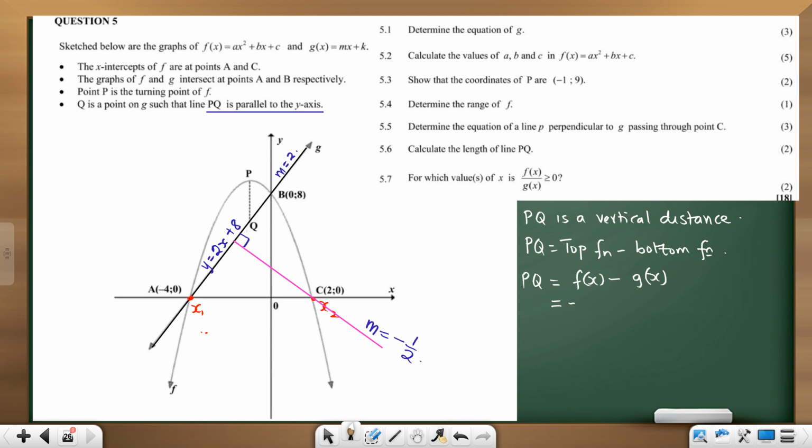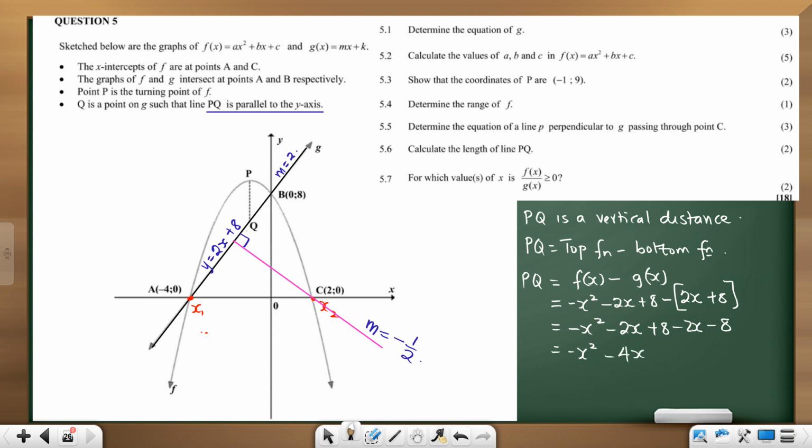Basic algebra: negative x squared minus 2x plus 8. Please, algebra, when I introduce a minus, I introduce my bracket, 2x plus 8. Let's expand. Negative x squared minus 2x plus 8 minus 2x minus 8. The 8 would cancel.